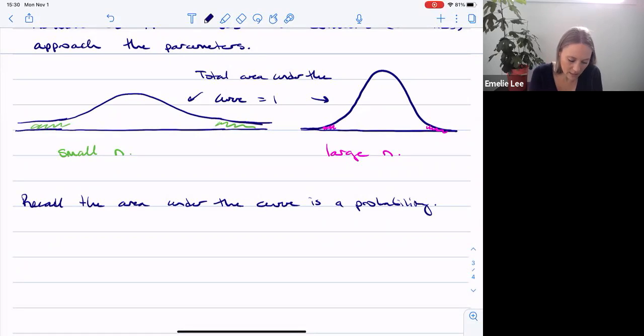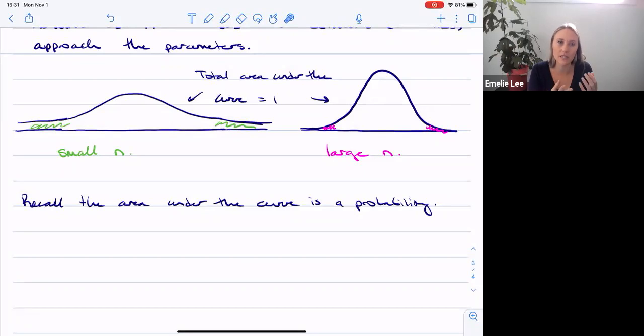So what does it mean if we're making more room in our tails for small sample sizes? It means that the probability of having these more extreme values is higher than it would be for large n, because for large n, we're more sure of our estimates.